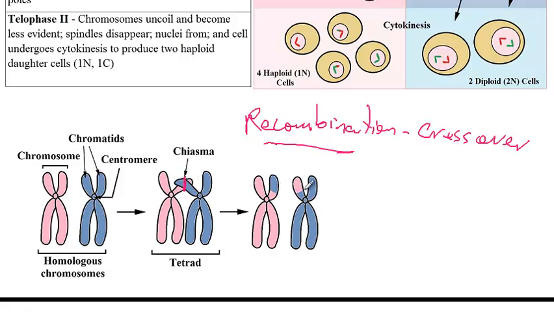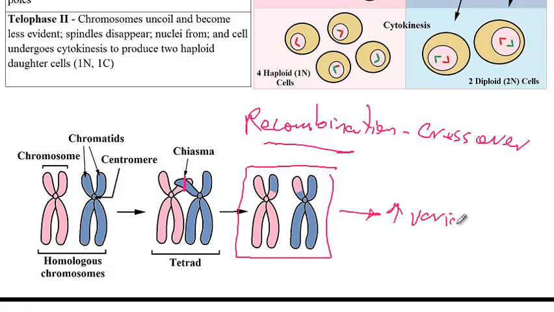You can see that part of the blue chromosome has been transferred to the pink chromosome, while part of the pink chromosome is transferred to the blue one. So here we had genetic exchange, which gives us more variation in offspring.